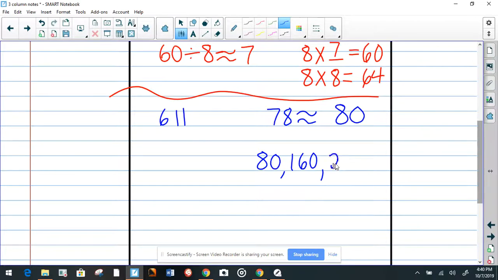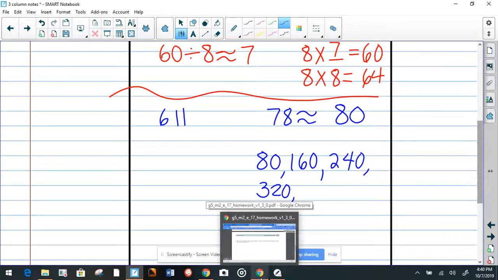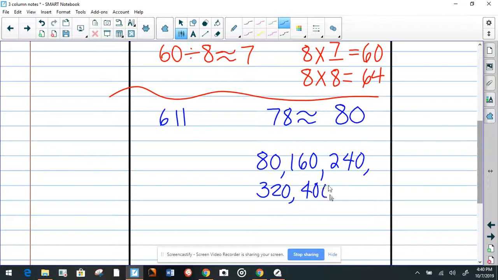And what is 80 plus 160? That will be 240. What will be 240 plus 80? That will be 320. What will be 320 plus 80? That will be 400. And 400 plus 80 will be another multiple, which will be 480.